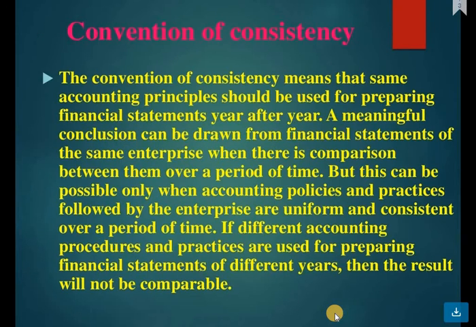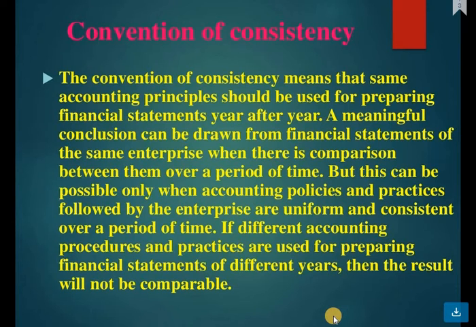So next, the first convention is convention of consistency. What it says is, convention of consistency means that the same accounting principle should be used for preparing financial statements year after year. A meaningful conclusion can be drawn from financial statements of the same enterprise when there is a comparison between them over a period of time.